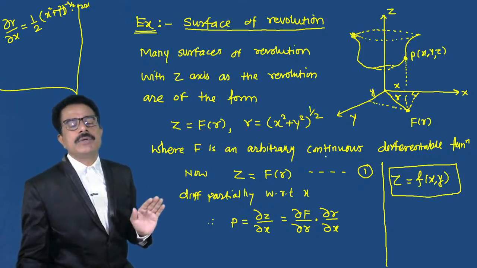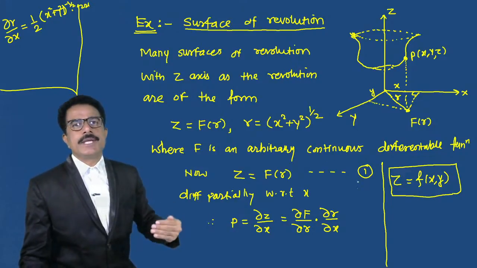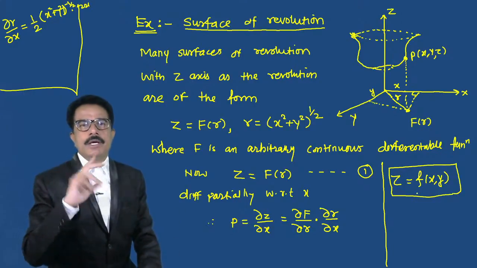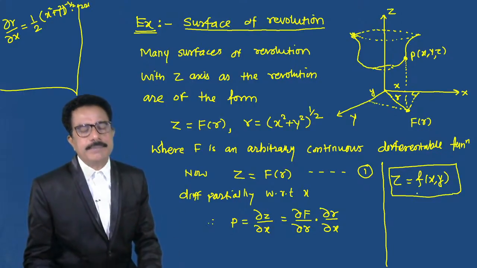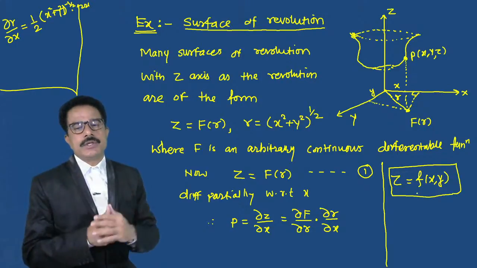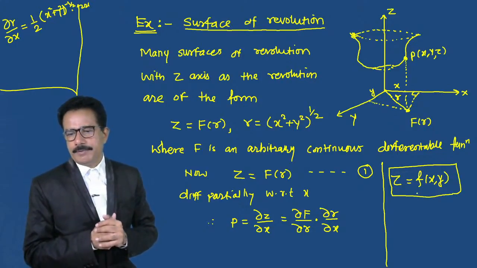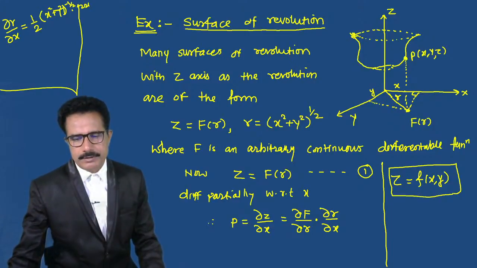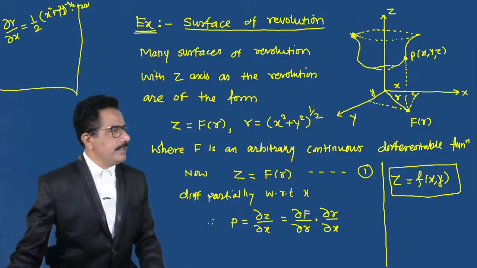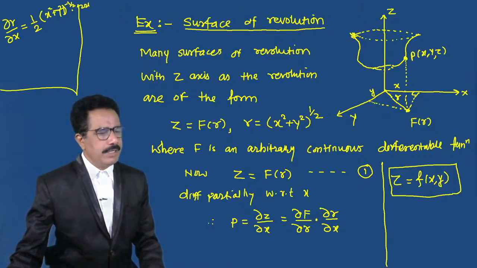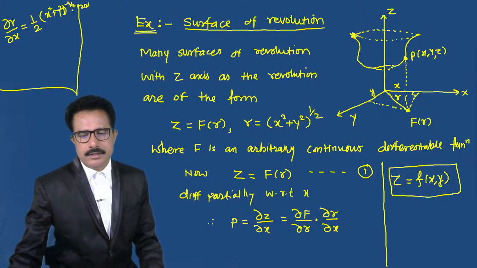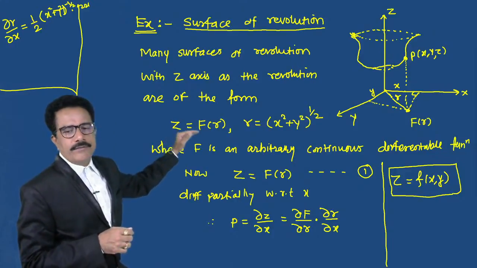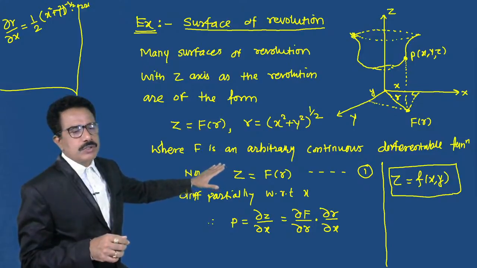This is some particular function, that is, we can express the surface generated due to the revolution of the curve about the z-axis by z equals f of x comma y. See this, z equals f of x comma y.